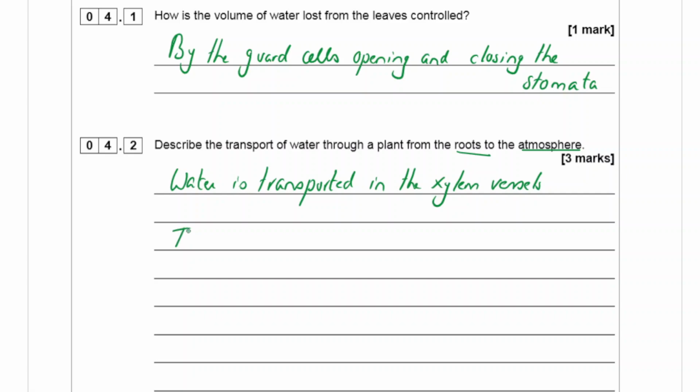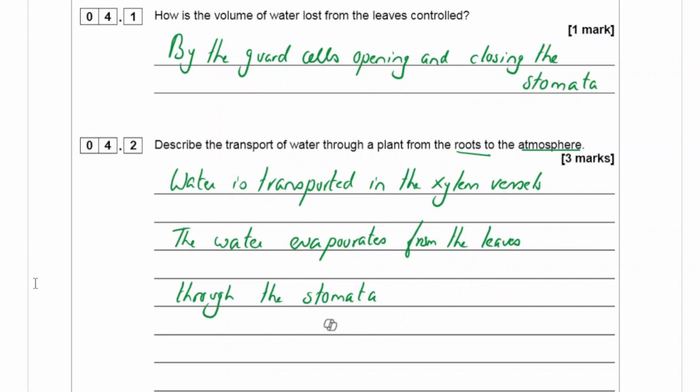The water evaporates from the leaves through the stomata. Now each of these points carries a mark each.